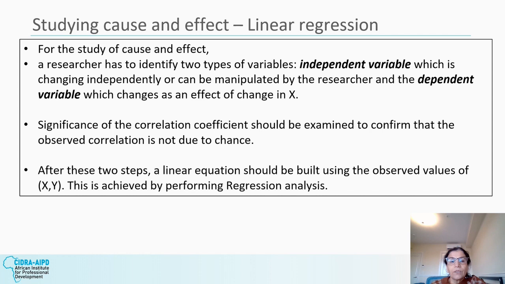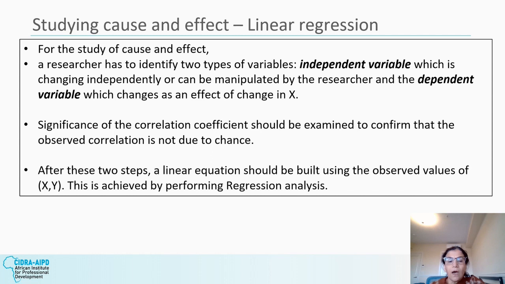So studying cause and effect is part of linear regression. A researcher has to identify two types of variables: the independent variable, which is changing independently or can be manipulated by the researcher, and the dependent variable, which changes as an effect of change in X. Significance of the correlation coefficient should be examined to confirm that the observed correlation is not due to chance.